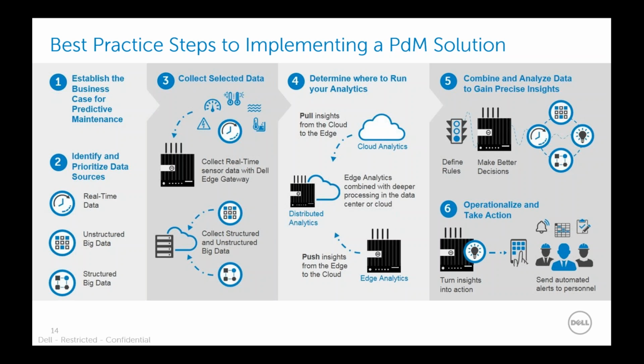Number 4, you really need to determine what you want to run as far as your analytics. So you have to establish the analytics foundations based on the specific operations, whether that's cloud data or reducing the burden of the streaming of the data to your cloud in your deployment.